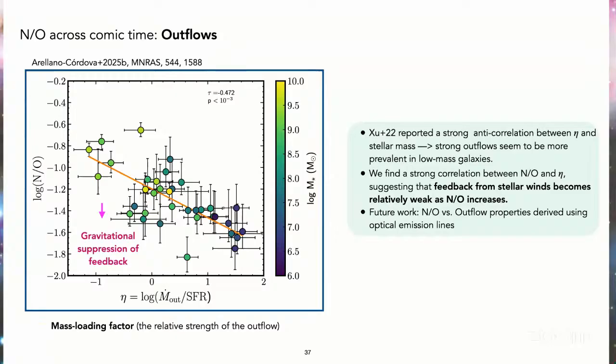We expected that in dwarf galaxies you can have shallower potential wells and they can expel this, right? But what we think happens is there is a kind of fight between the gravitation and the outflow to try to retain these elements. But why nitrogen would be less retained than oxygen?